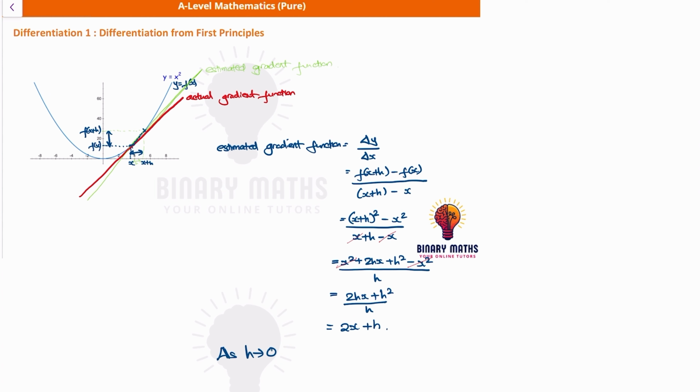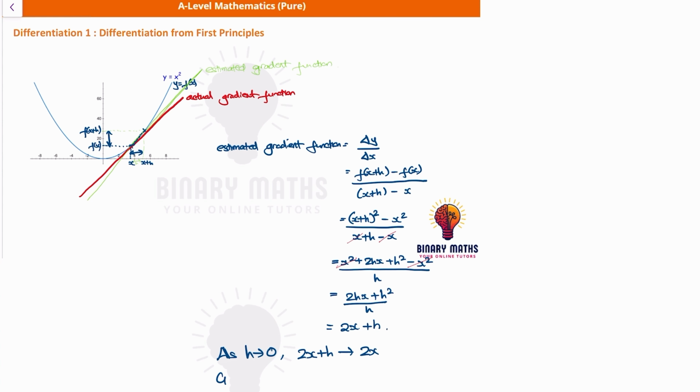As h gets closer and closer to 0, so the gap between x and x plus h gets smaller, the expression that you've got there, which is 2x plus h, will get closer and closer. Because h is getting closer and closer to 0, the h will disappear. So all you'll have is 2x. So the 2x plus h gets closer and closer to 2x.